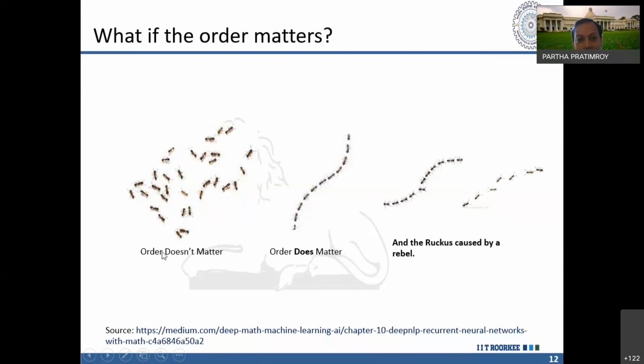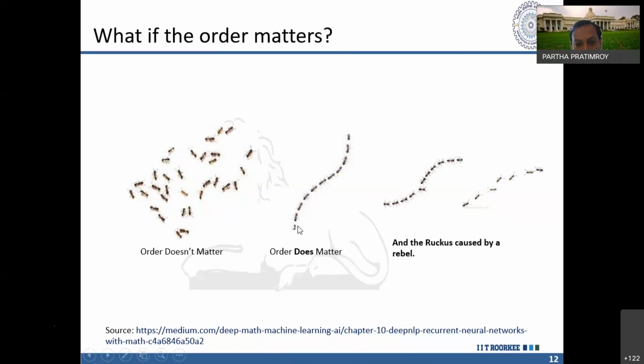You can give these locations in any order, and you can understand that there's no order. All these elements can be placed in any place of this input.